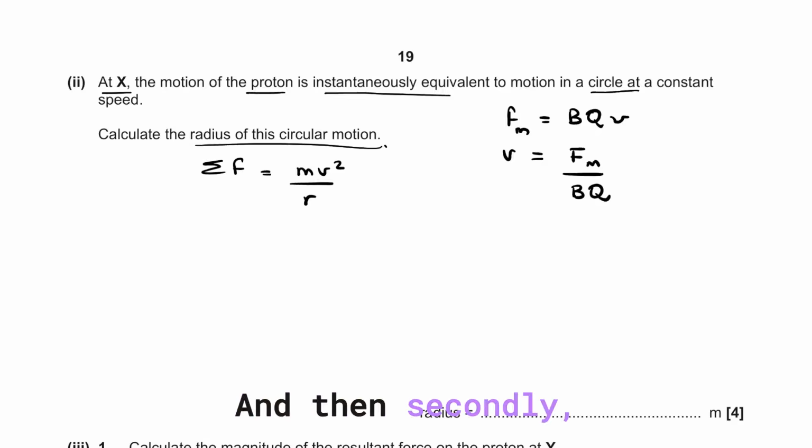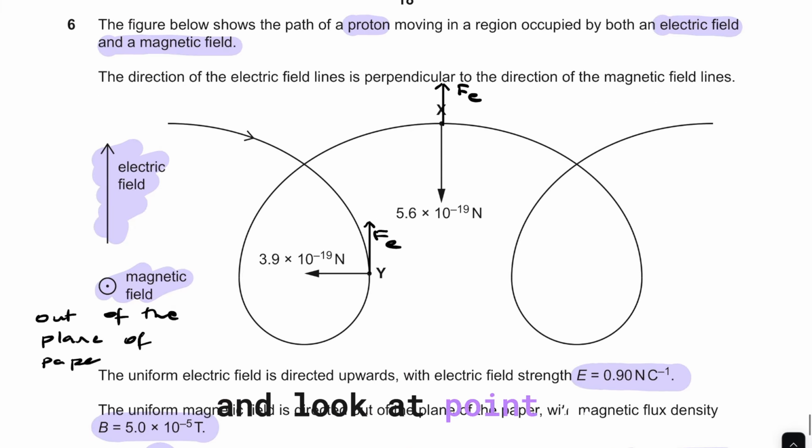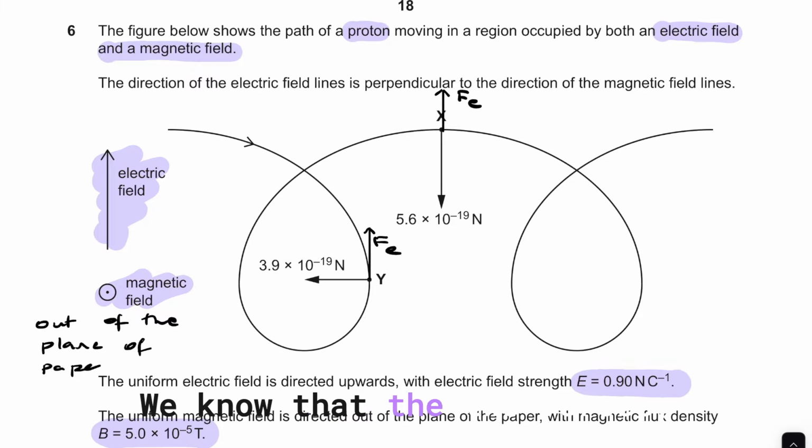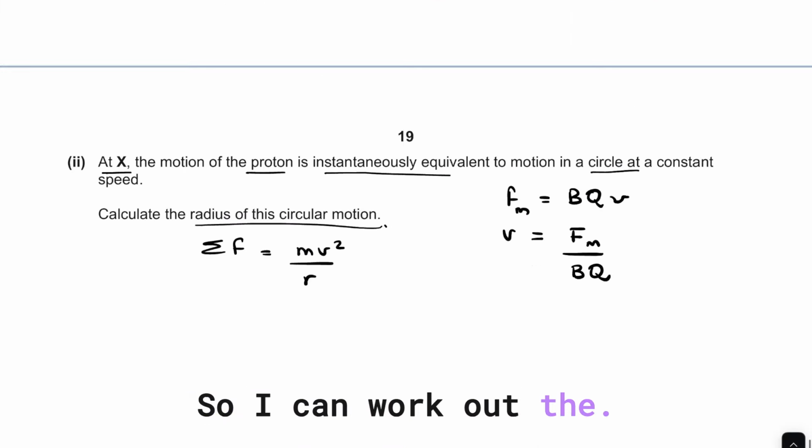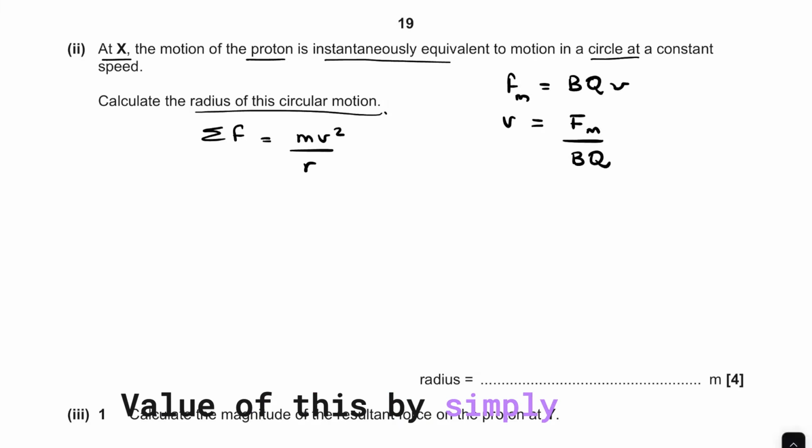And then secondly, resultant force. Let's go back up and look at point X. We know that the two forces, the magnetic force and the electric force, are acting in opposite directions. So I can work out the value of this by simply taking them away from each other.